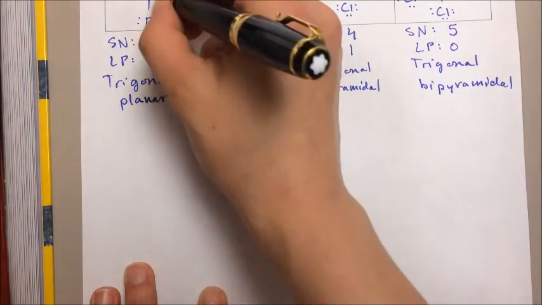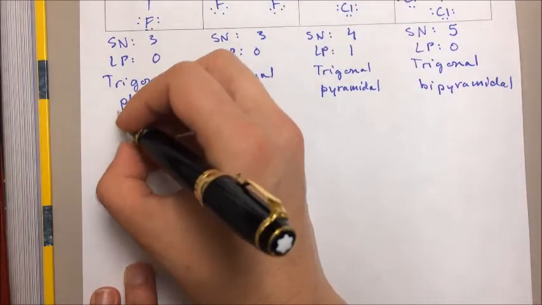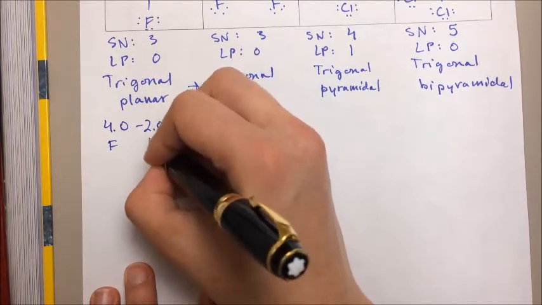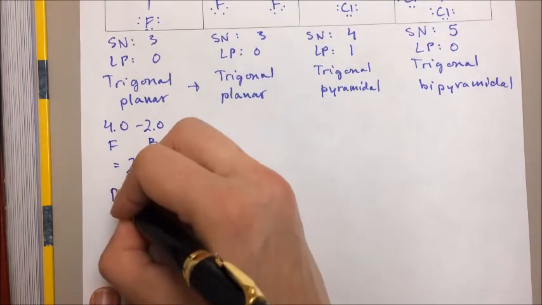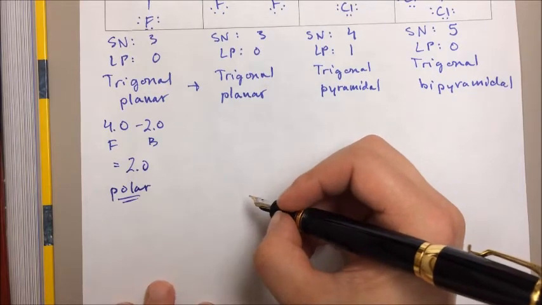So in the case of boron-fluorine bonds, you're looking at 4.0 for the fluorine minus 2.0 for the boron, which equals 2.0. So these are polar bonds. There's a chance that we have a polar molecule.